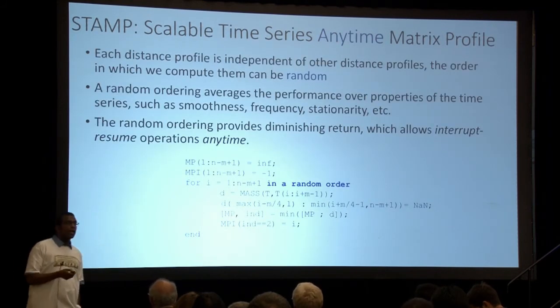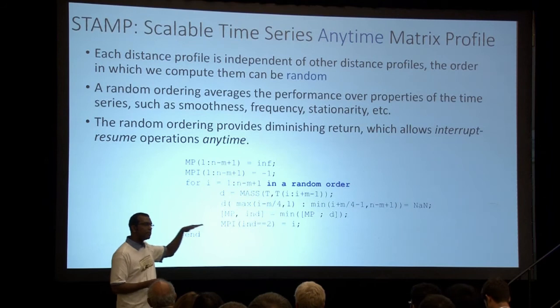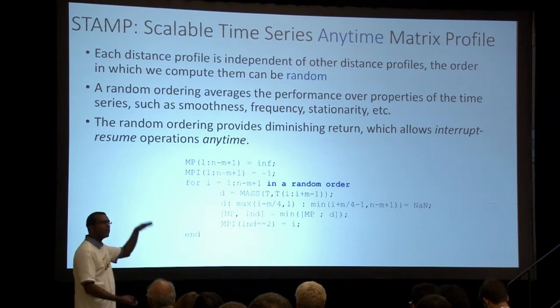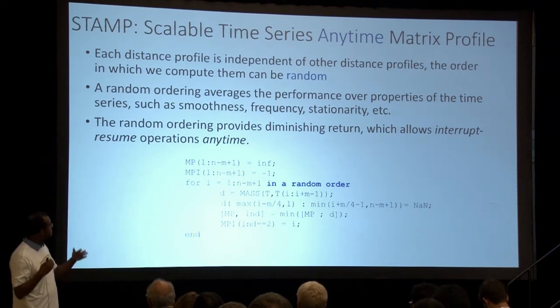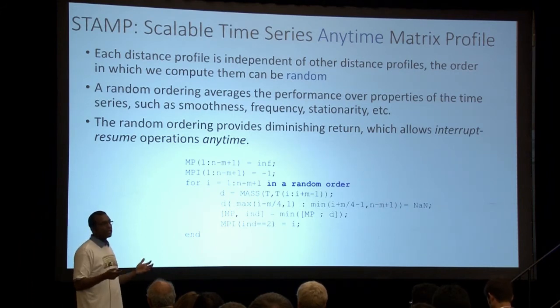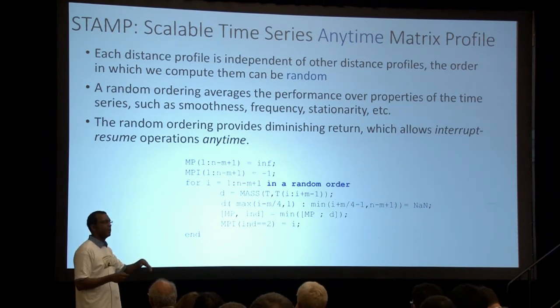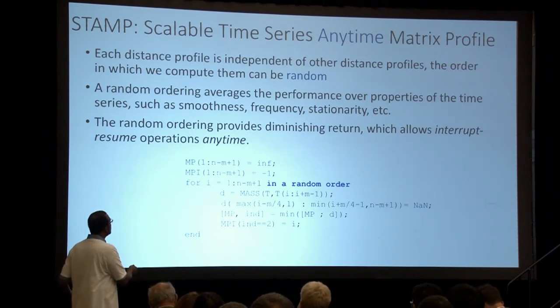Then the question is, given this algorithm, we take the time series, we row by row calculate the distance profiles and take the minimum, and that gives us n square n log n cost. But the fact is that it has a specific order of evaluation, from left to right, from i equals 1 to n minus m plus 1.